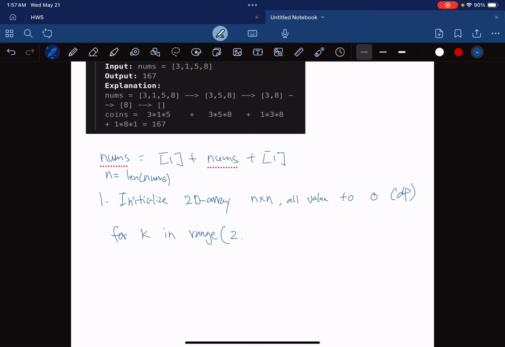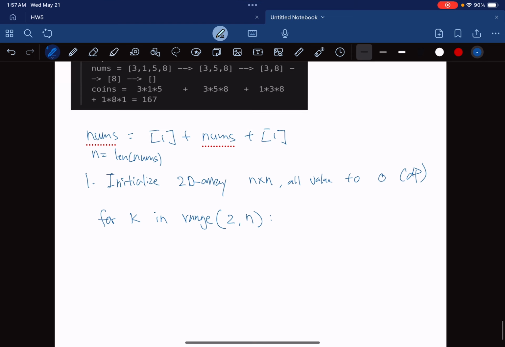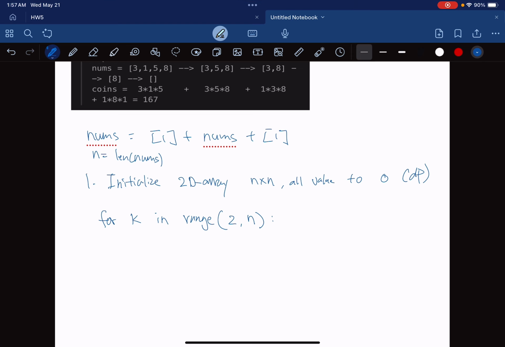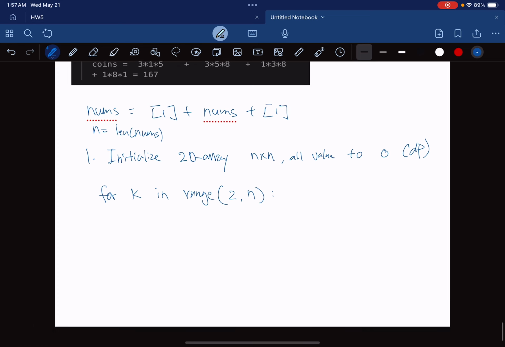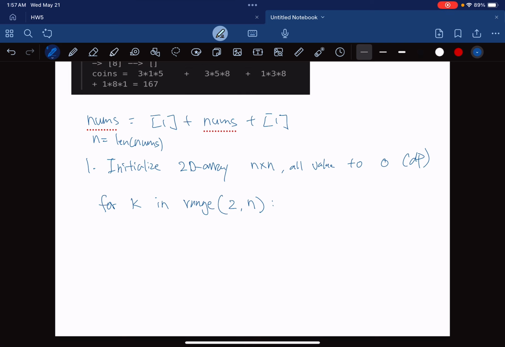So the starting range is 2, and the ending distance should be n minus 1. So it's from 2 to n. That's the possible distance between the left pointer and the right pointer. n minus 1 will be the case with the left pointer being the leftmost one, and the right pointer being the rightmost one. And then we can run another for loop for i in range n. This will go through every row.